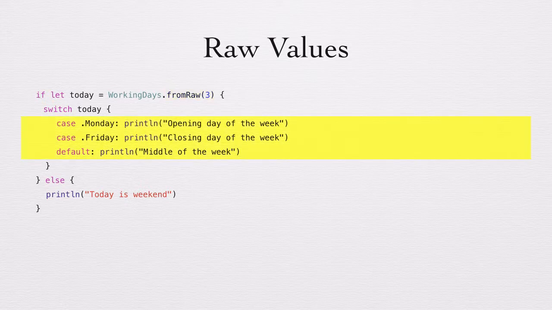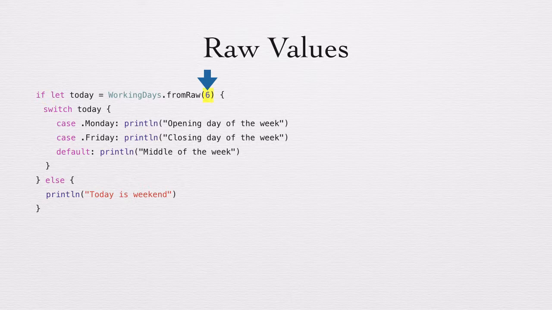We write two cases and a default to print the appropriate messages to the user depending on the current value of today constant. Note that normally we will assign a value between 1 and 5 here and the program would behave correctly in all those situations.